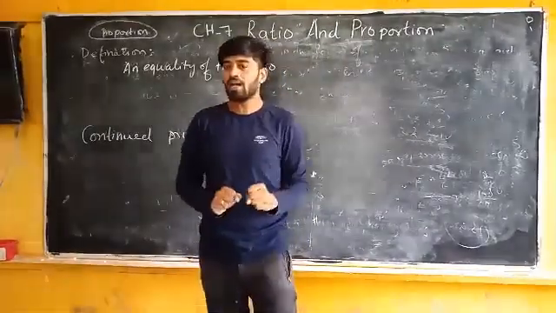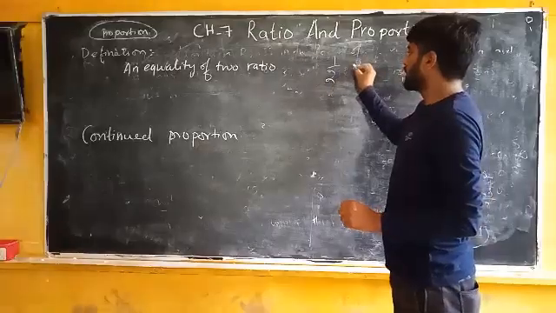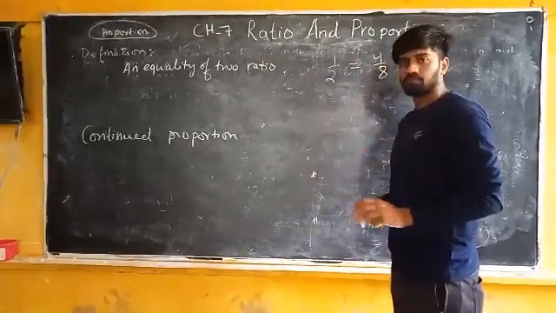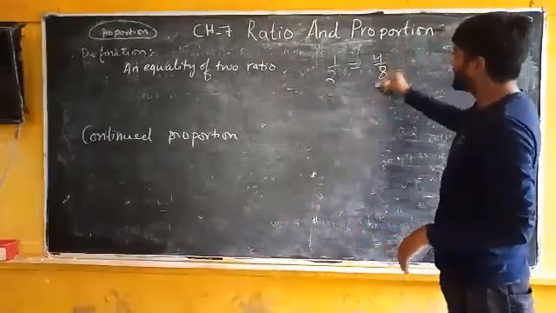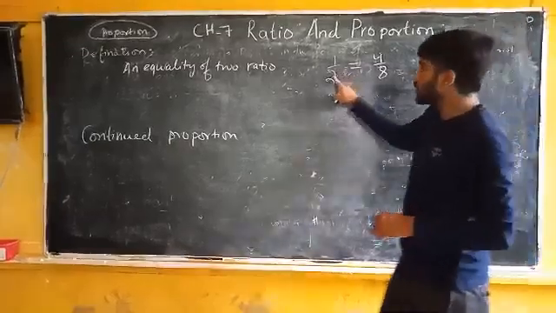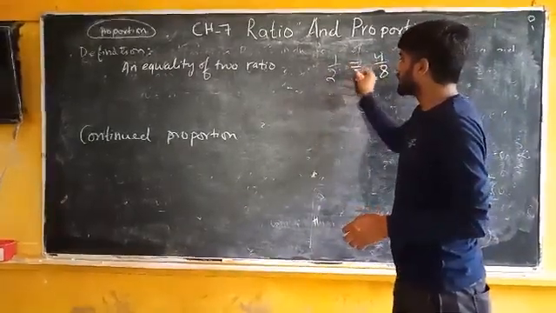I'll give you an example. Let's say 1 ratio 2 equals 4 ratio 8. Why? Because when I cancel them out, what will I be getting? I'll be getting 1 upon 2 again. So when any two ratios are equal, I call them proportion.